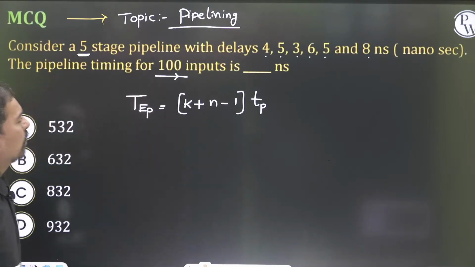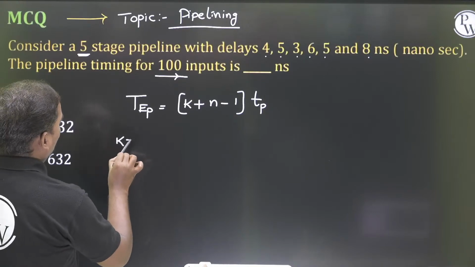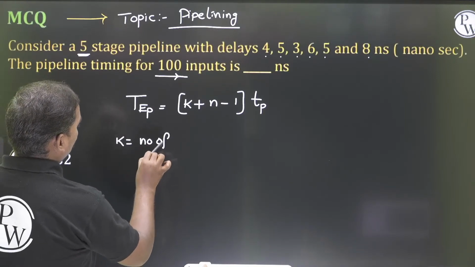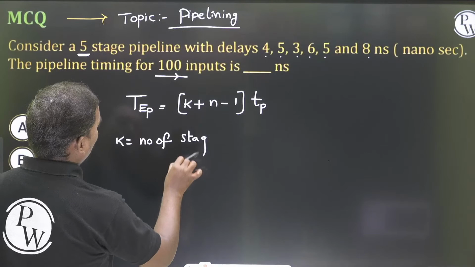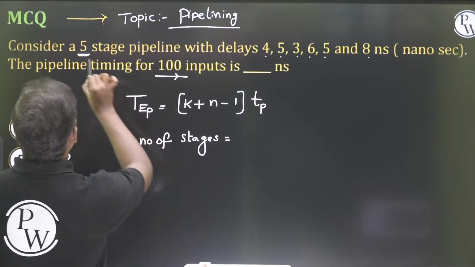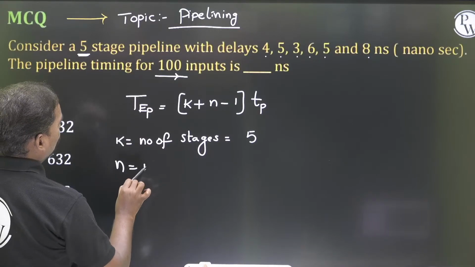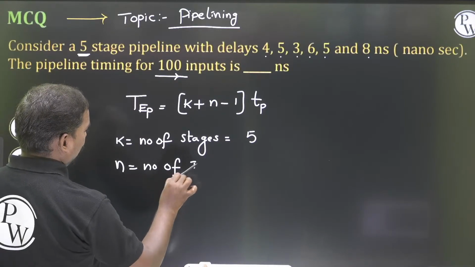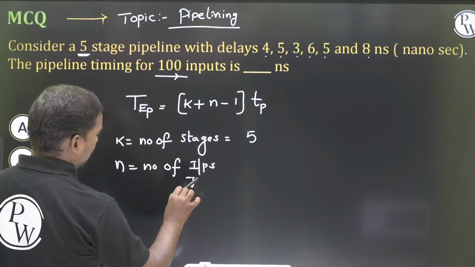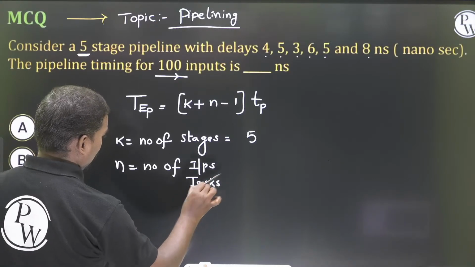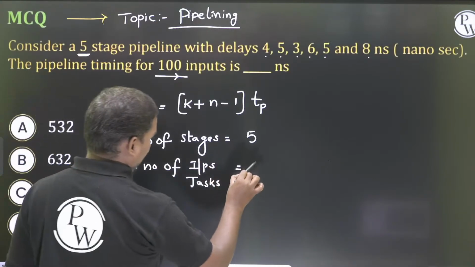Yes or not? So if you see in this, K is the number of stages or segments, which is given as 5. N is the number of inputs, or tasks, or instructions, whatever, which is 100.